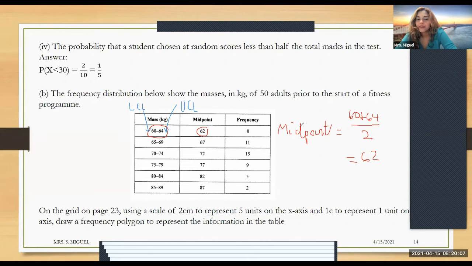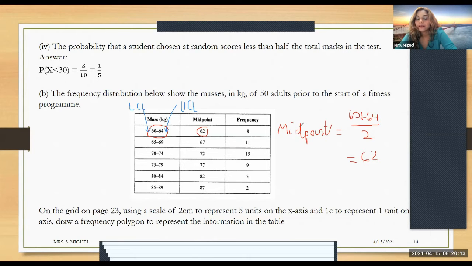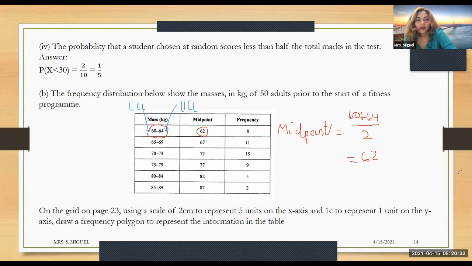On the grid provided, use a scale of 2 centimeters to represent 5 units on the x-axis, and 1 cm to represent 1 unit on the y-axis.